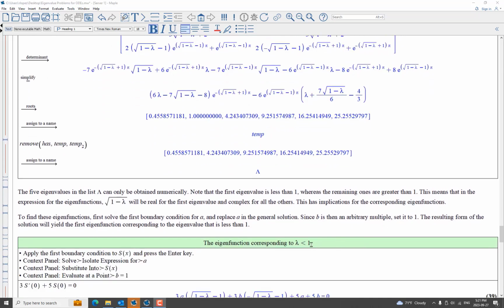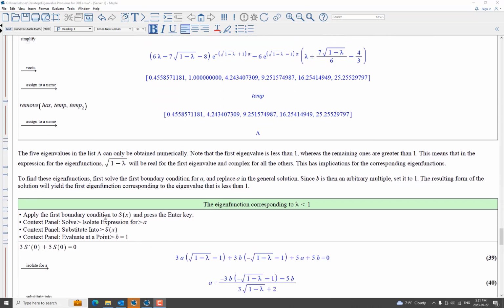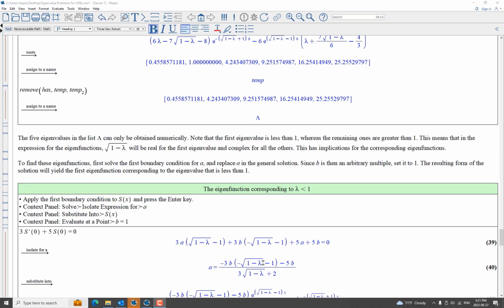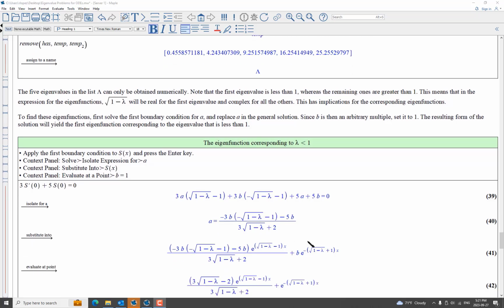So let's get the eigenfunction corresponding to this first lambda, which is less than 1. And I'm going to just take one of the boundary conditions. I'll take the first one. So here's that boundary condition, s prime at 0, s at 0. Here it is. This can be isolated for a. So I get a in terms of b. If I put that back into the solution, I get this expression.